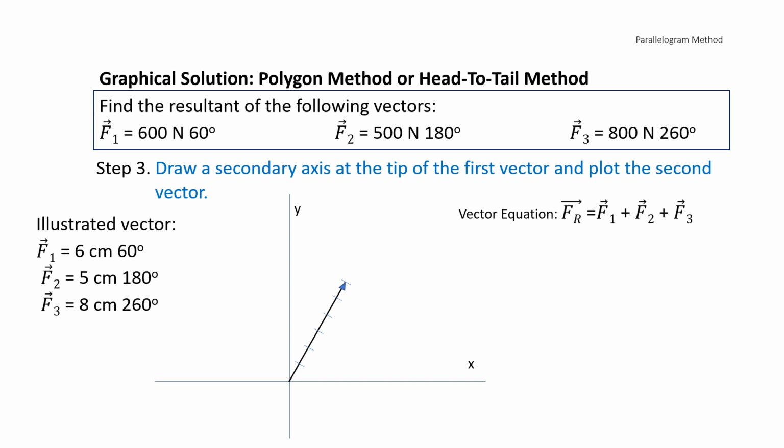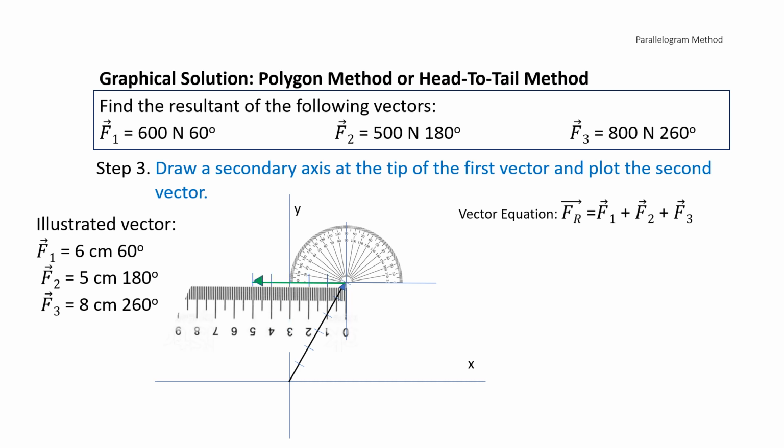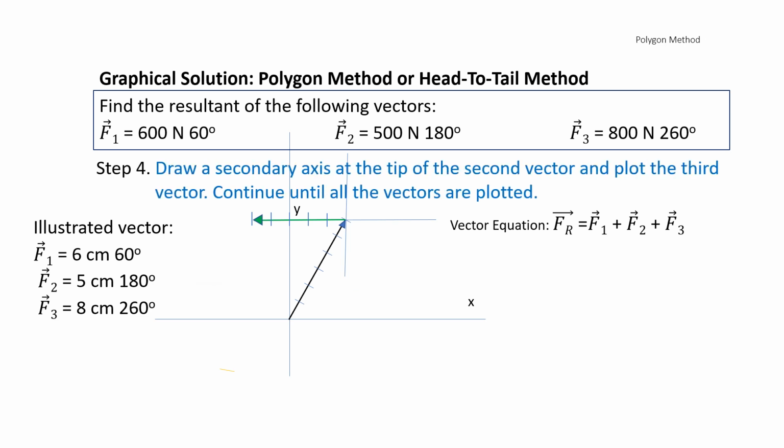Draw a secondary axis at the tip of the first vector and plot the direction and magnitude of the second vector. Draw a secondary axis at the tip of the second vector. Plot the direction of the third vector.